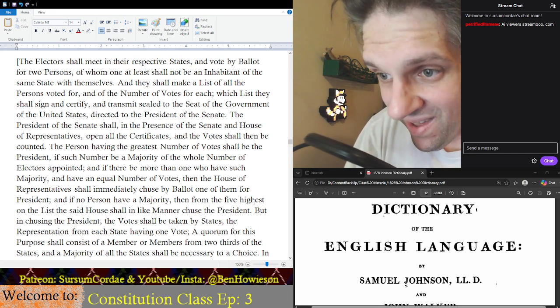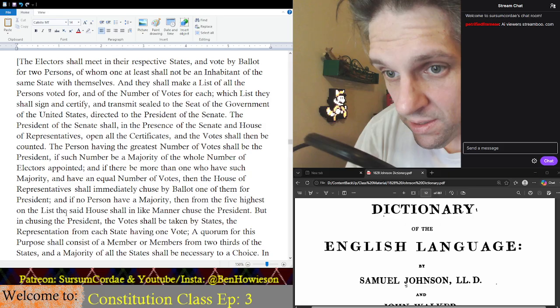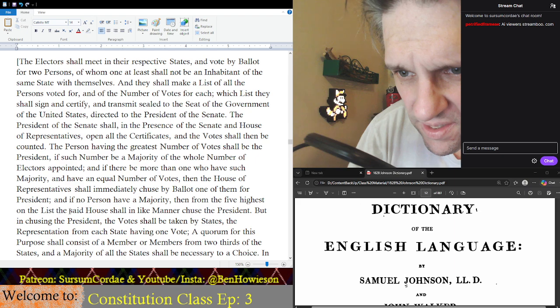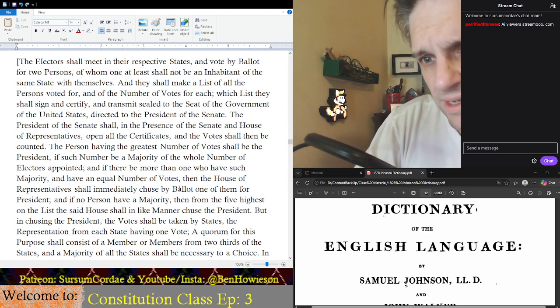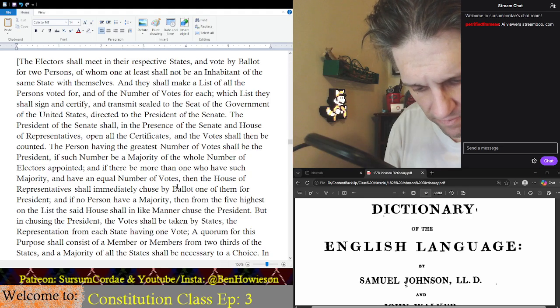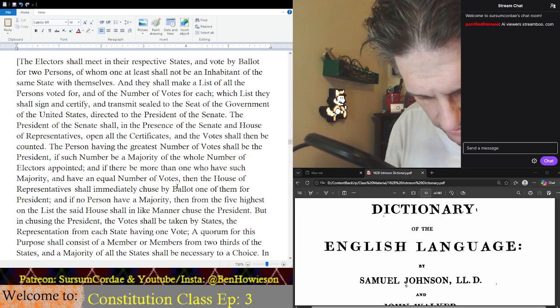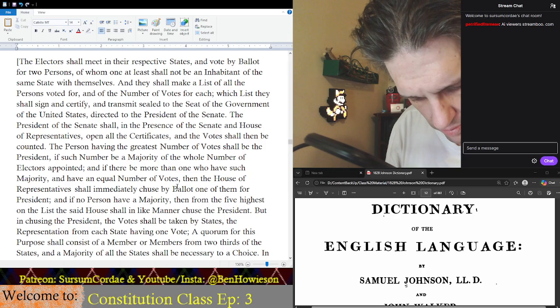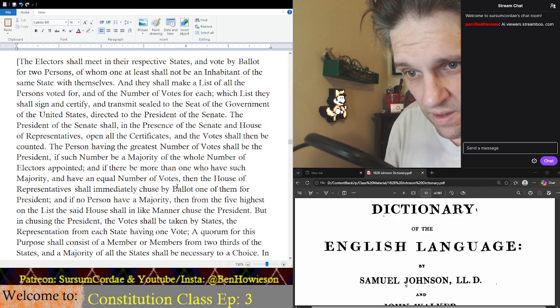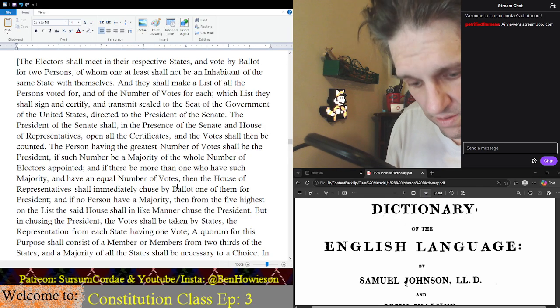Then from the 5 highest on the list, the said house shall make, in like... what's going on here? Feeling like my copy is all messed up for some reason, and it's not. Five highest.